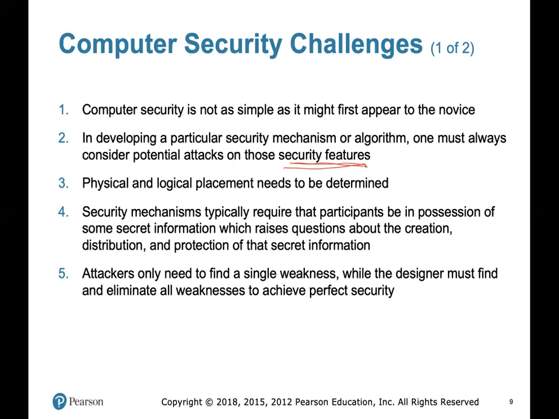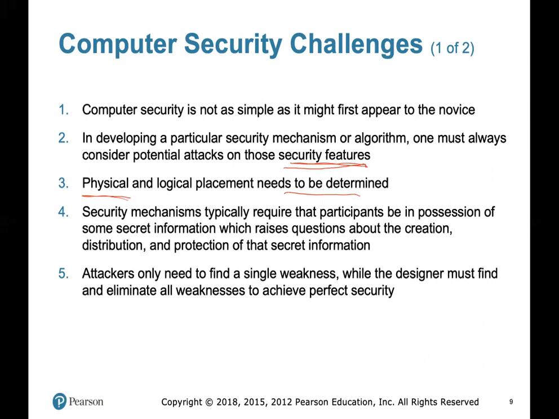Physical and logical placement of the system matter. Physical placement matters because if you place your system in a physically non-secure place, it might be altered. Security might be compromised through some physical attacks. There are some attacks that need physical access to the system. Let me give you a very easy example.